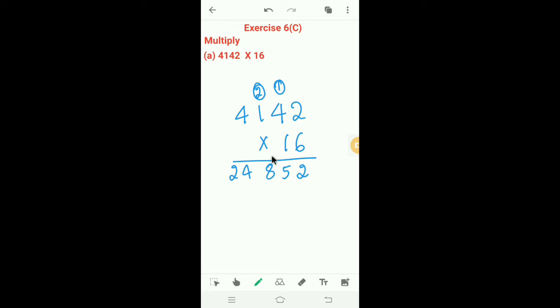Before multiplying with the tens digit of the multiplier, write a multiplication sign in the ones place.